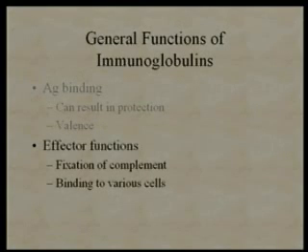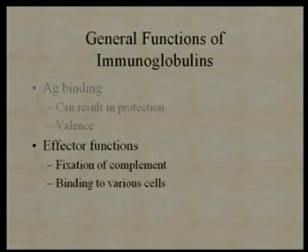Binding to various cells. We've already talked about macrophages and neutrophils having on their surfaces a receptor called an Fc receptor for an immunoglobulin molecule. So the antibody binding to that receptor, what did it do? It made the cell more able to phagocytose. In the case of the K cells, binding to the killer cell enabled the cell to kill its target cell.